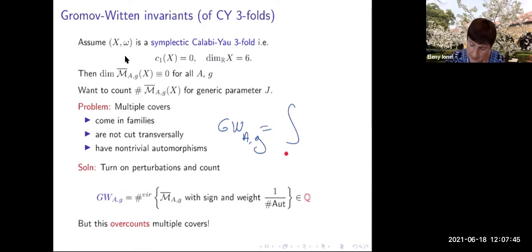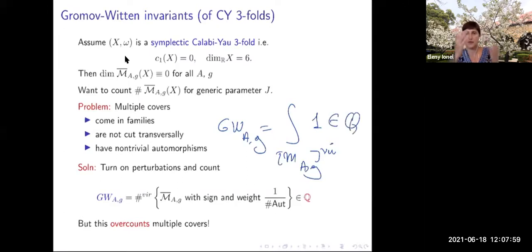And then you can just integrate this homology class, pairing it against the cohomology class 1, and you get a rational number. So that will be another definition of it.